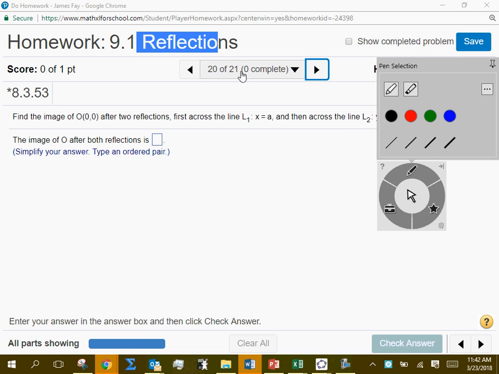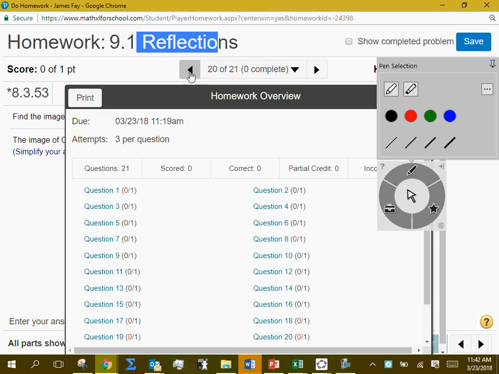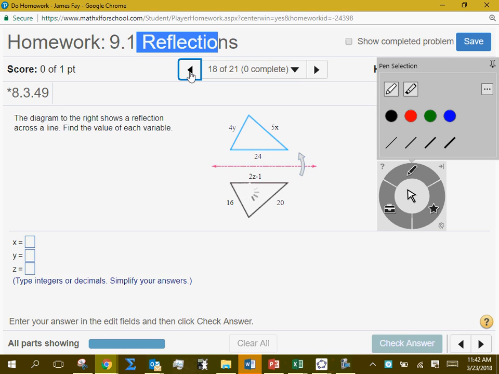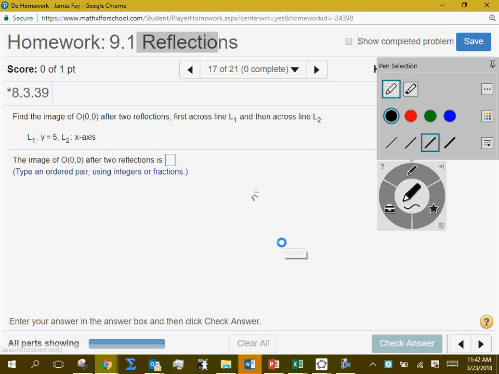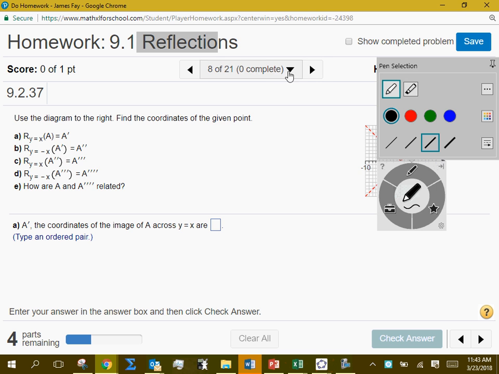Was there another one on here that was similar to that? Let me zoom through here real quick. This one here? Yeah. So you keep doing those.